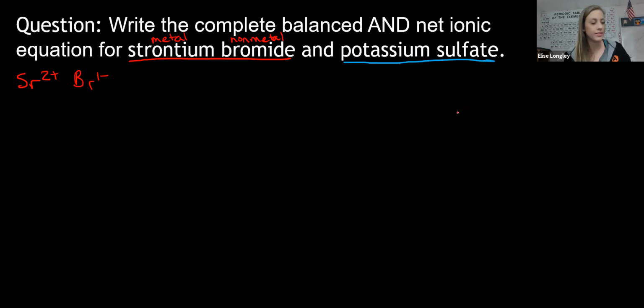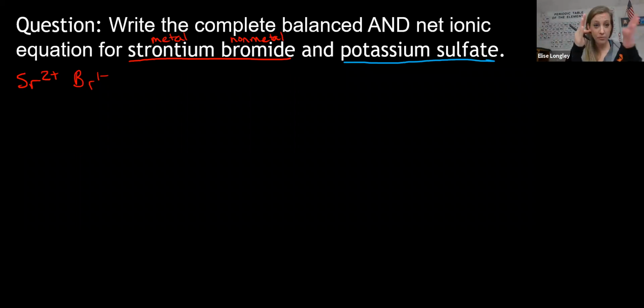Victoria, how do these combine to make a molecule? I'm not completely sure. Can you help me? Absolutely. I would love to help you. It means I get paid. Thank you so much. So strontium is 2 positives. That means it lost 2 electrons. Bromine is 1 negative. It means it gained 1 electron. So there's 1 electron we lost that has no home right now.